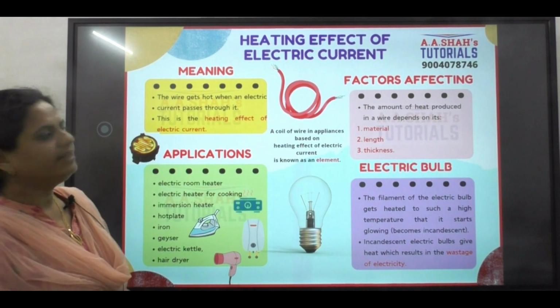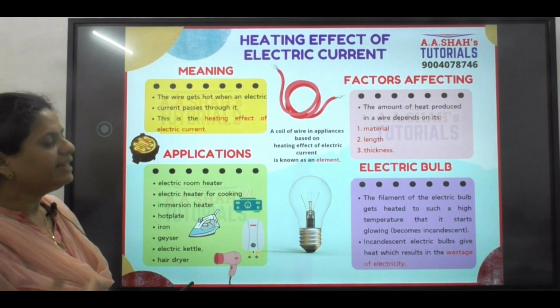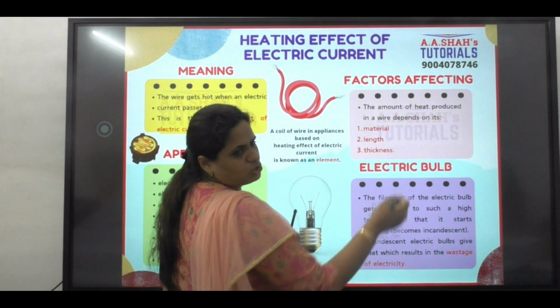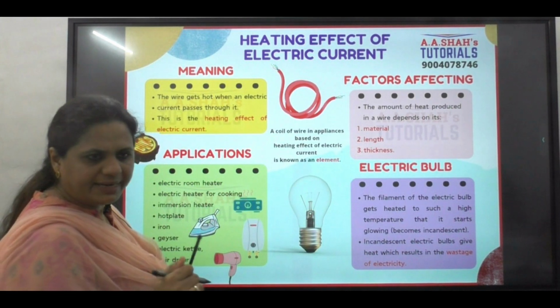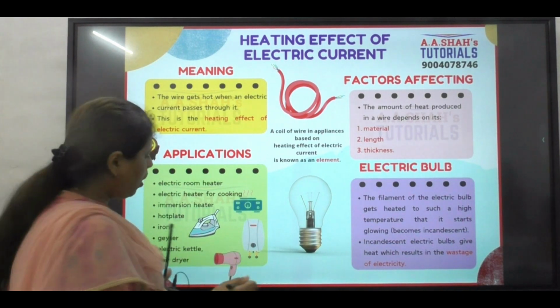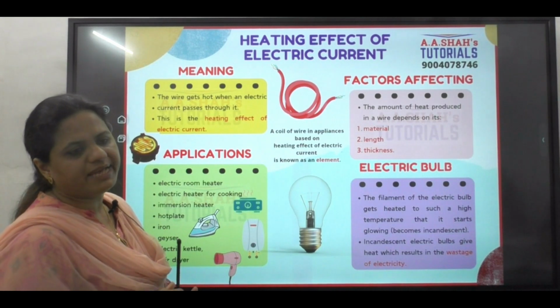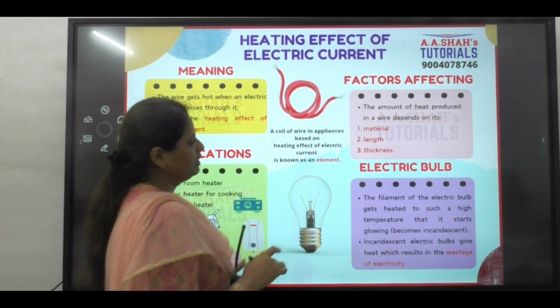What will decide the heating effect? When will the heating effect be high or low? It will depend on the material which is used to make the wire. Are you understanding? It is based on three factors. What are the three factors on which the heating effect of electric current is based? Material, length, thickness. That you can read here.